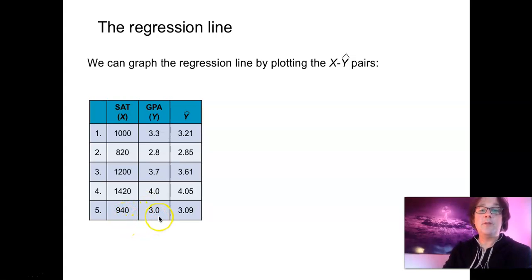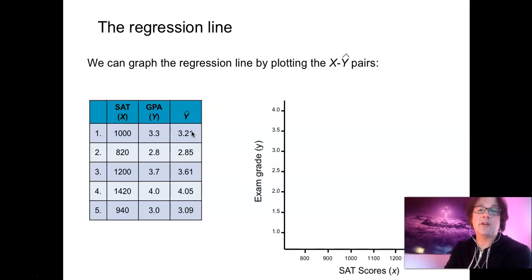So what we can do is actually graph this regression line. We could graph the line of best fit. Instead of just eyeballing it, we could graph it for real this time by graphing the X scores and the predicted Y scores, so the pairs of X and predicted Y. So let's go ahead and do that and see what our line actually looks like.